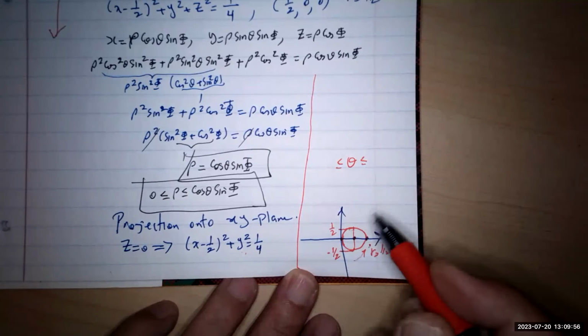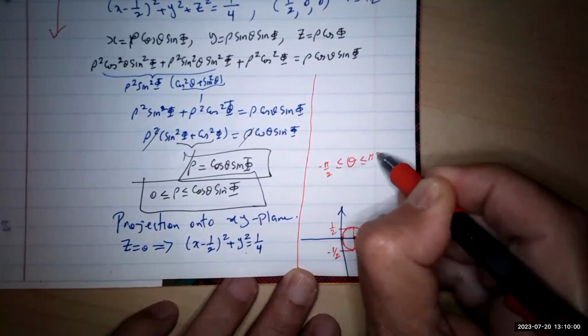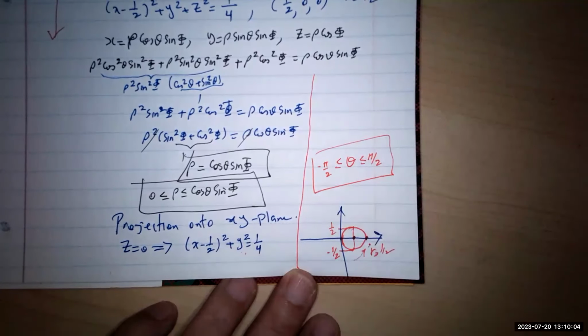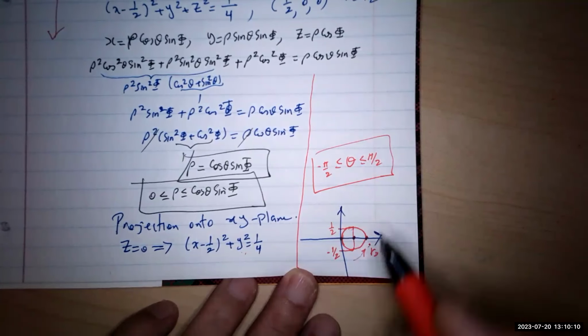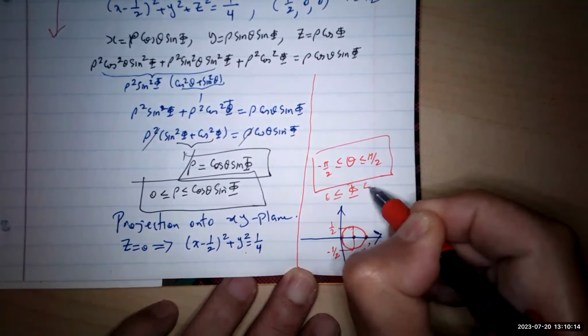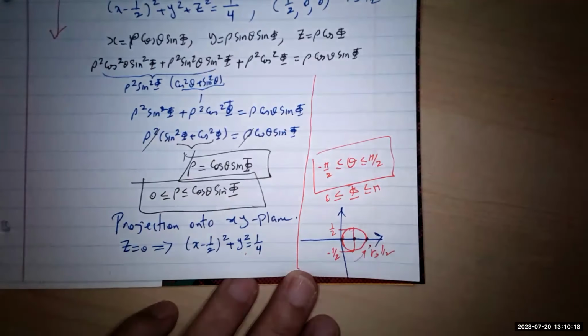So theta is going to be between -π/2 and π/2. This is going to be the polar angle to cover this orientation we have here. But your phi is going to be just the usual, between 0 and pi. So this makes it different from the other one.